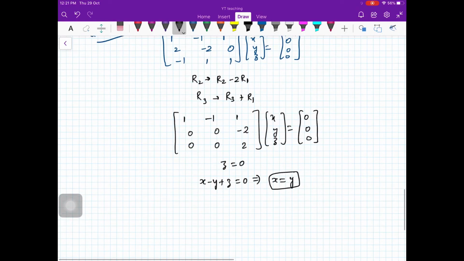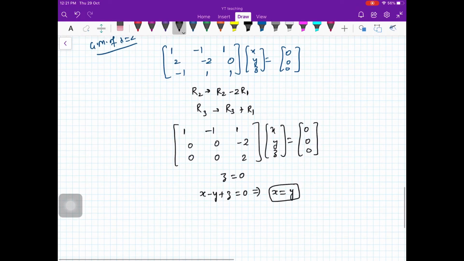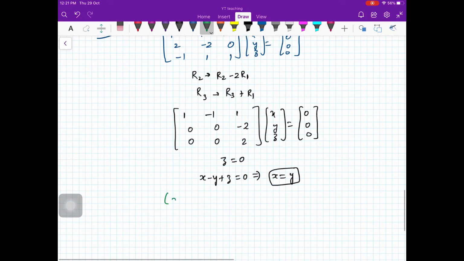So your eigenvector corresponding to the eigenvalue lambda equal to 2 looks like x, y, 0, which is equal to x, x, 0, because x is equal to y. So this is x times (1, 1, 0). So you have only one linearly independent eigenvector. This is your eigenspace corresponding to the eigenvalue 2.